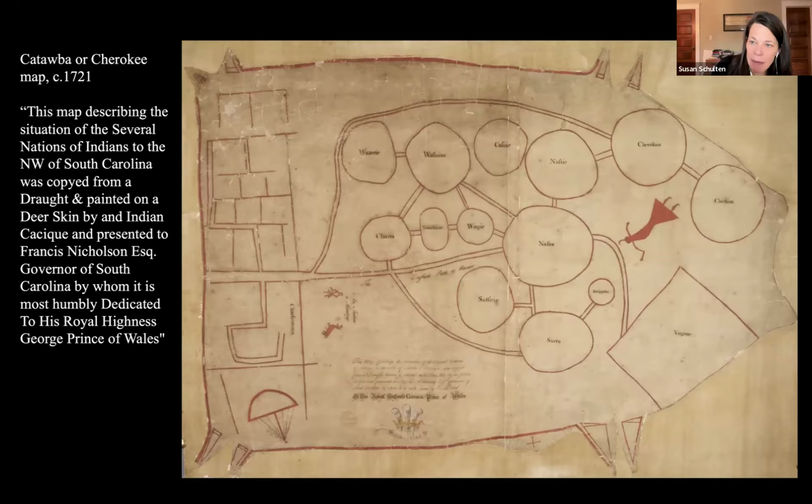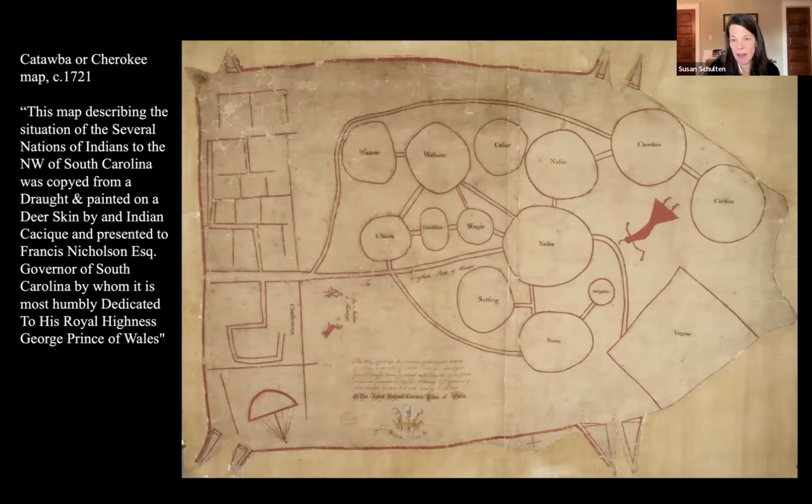And yet at that meeting, when he thought he was going to present a kind of agenda to those indigenous tribes, he was presented with the deerskin map of which this is a copy. Okay, so that's a long way of saying that Nicholson was not really prepared to have this map presented to him, and he's sorting through in real time what it actually means.